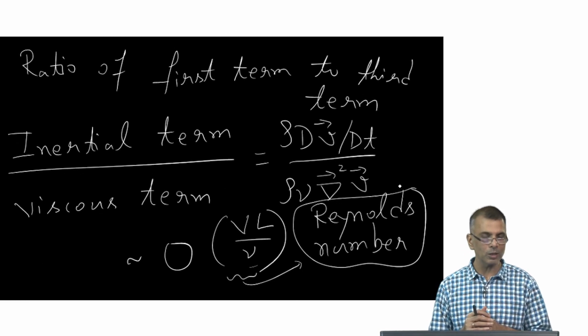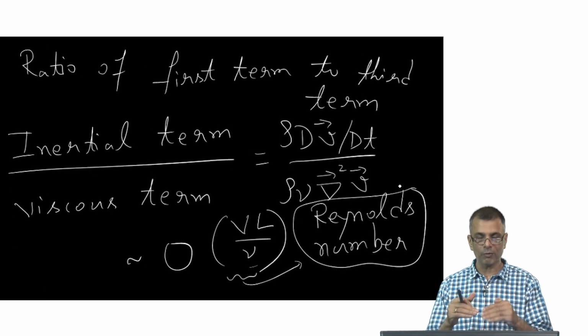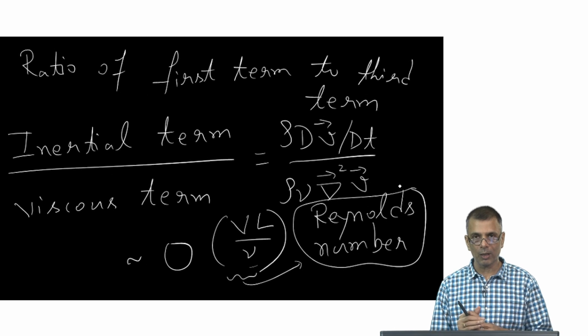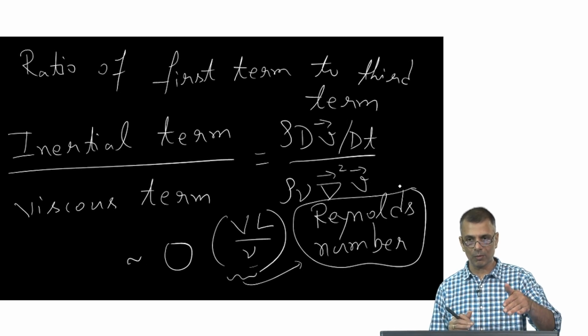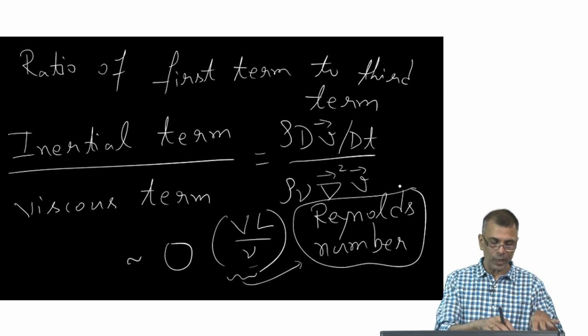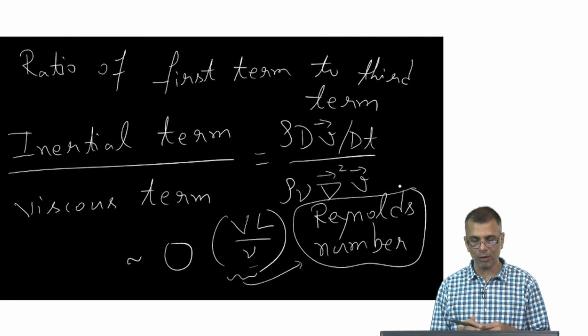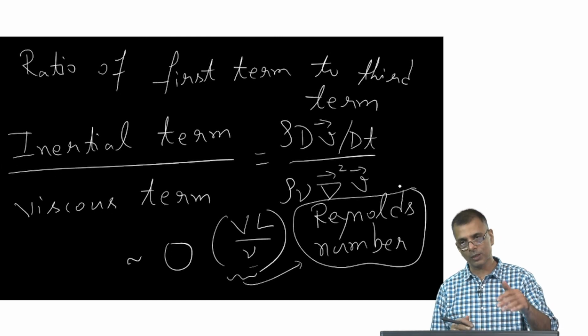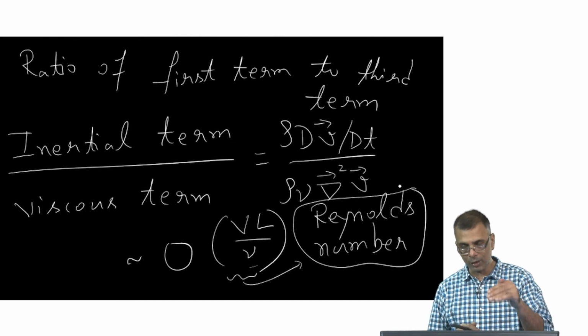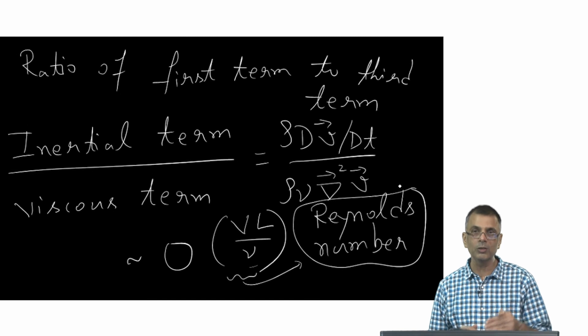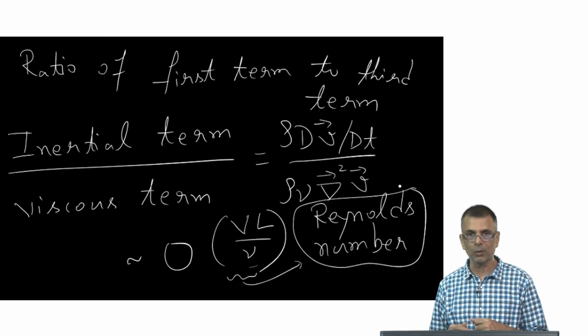We will stop here for the time being, and we will take this philosophy a little farther. Instead of invoking these terms in a systematic fashion as we have done now, I will simply list out a few other dimensionless numbers that are commonly used in fluid dynamics, and then we will go on.